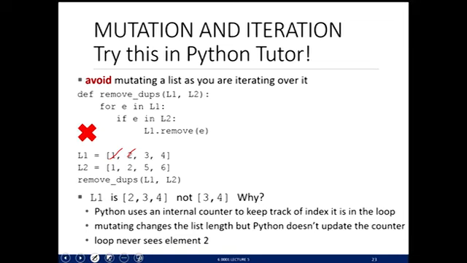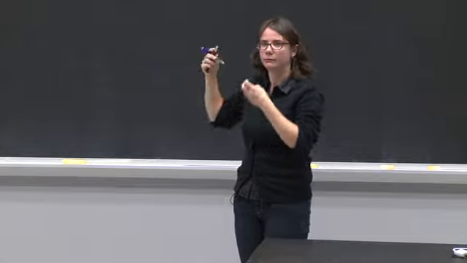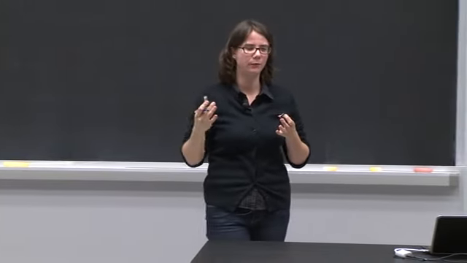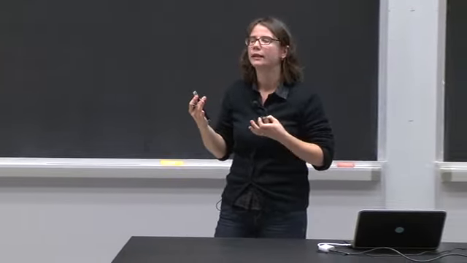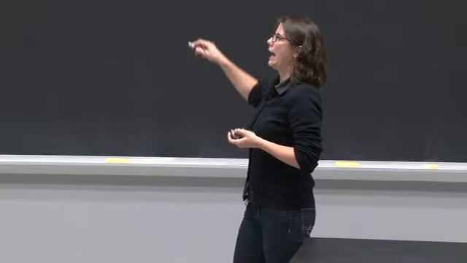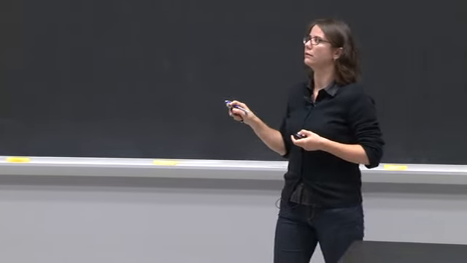Because here I'm modifying a list as I'm iterating over it. And behind the scenes, Python keeps track of the index and doesn't update the index as you're changing the list. So it figures out the length of the list to begin with and how many indices it has, and doesn't update it as you're removing items from the list.